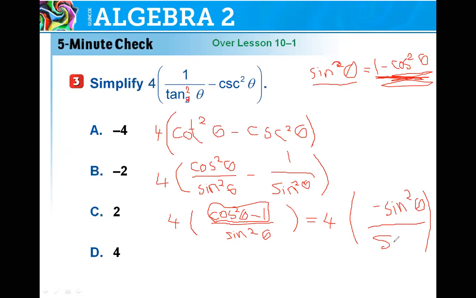And write sine squared as it is down. And then sine squared over sine squared equals 1, any number over itself equals 1, but don't forget the negative sign. So it's negative 1. So 4 multiplied by negative 1, the result will be negative 4, which is letter A.